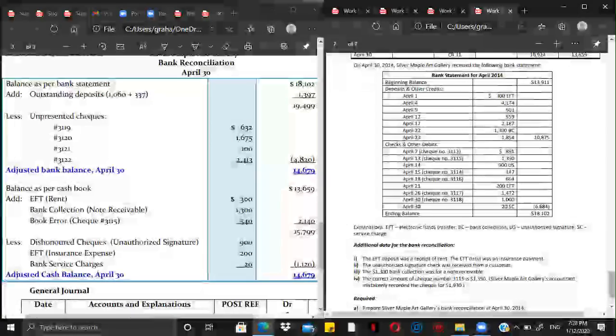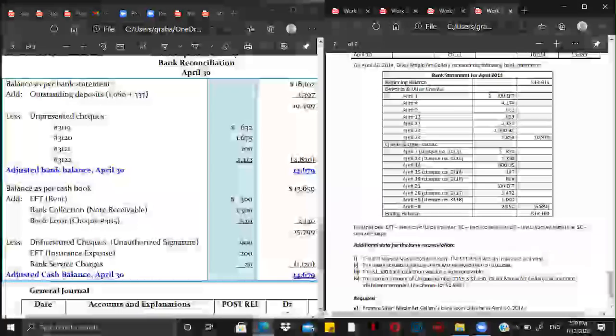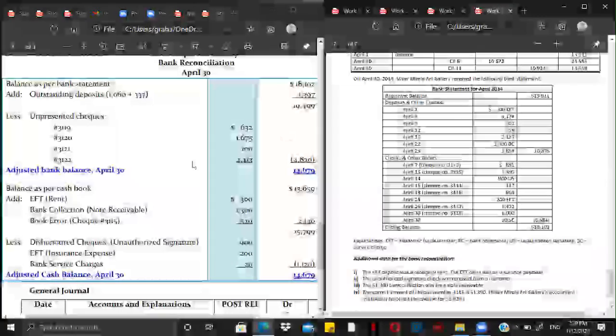The key says US means unauthorized signature. And if you look in the bank statement, you see $900 US. So it's telling us that the unauthorized signature check was for $900. All right, so 3.